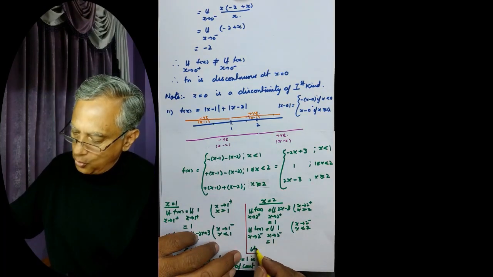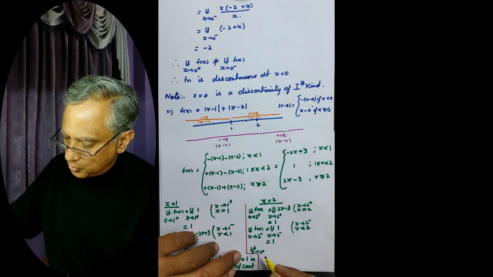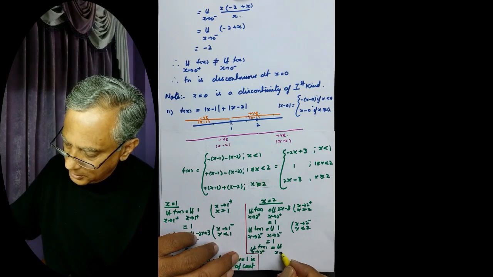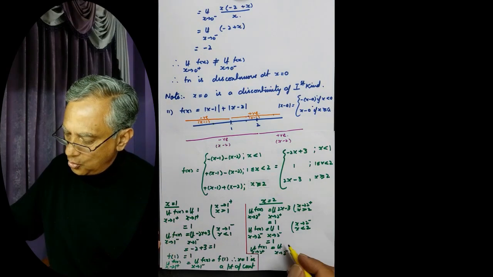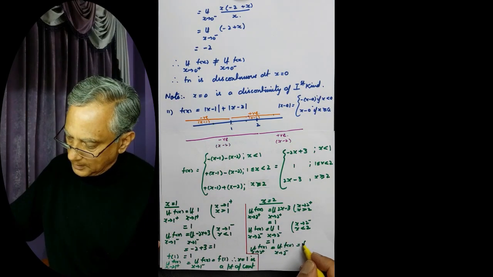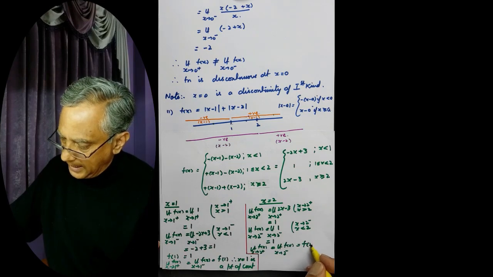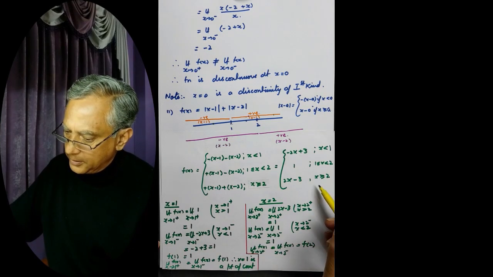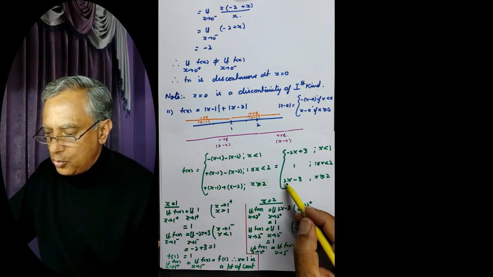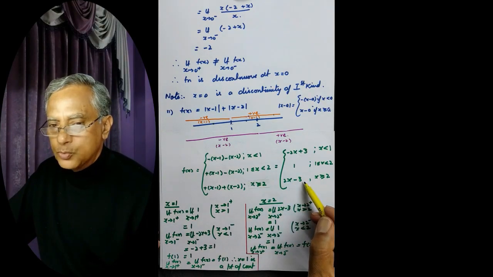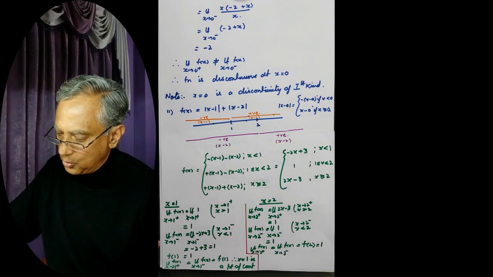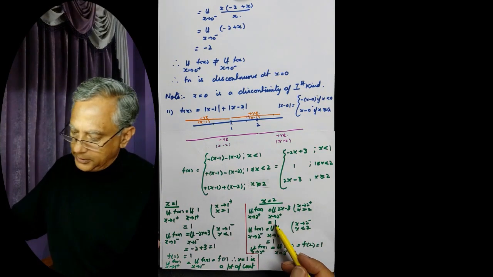So what we note is the limit x approaches 2 from the positive side of f(x) is equal to the limit x approaches 2 from the negative side of f(x), is equal to the value of the function at the point 2, because at x equal to 2 this is 2x minus 3. So 2 into 2 is 4, 4 minus 3 is 1. All these are 1.